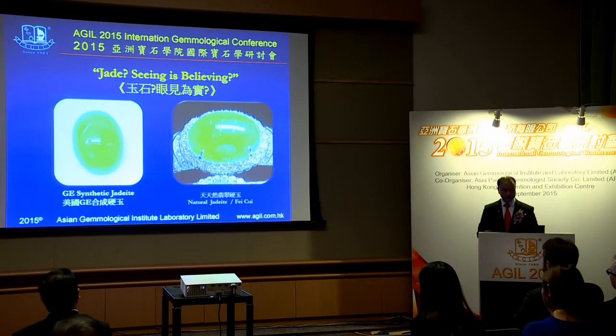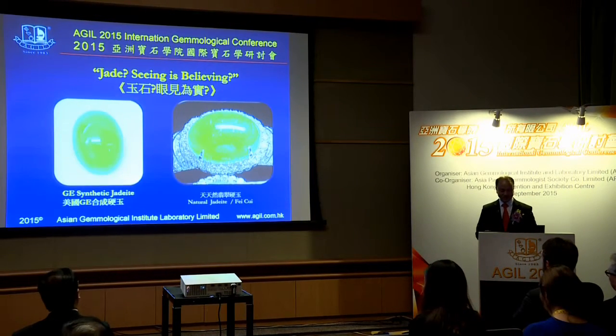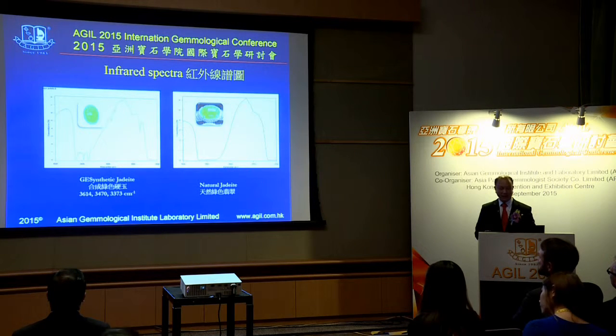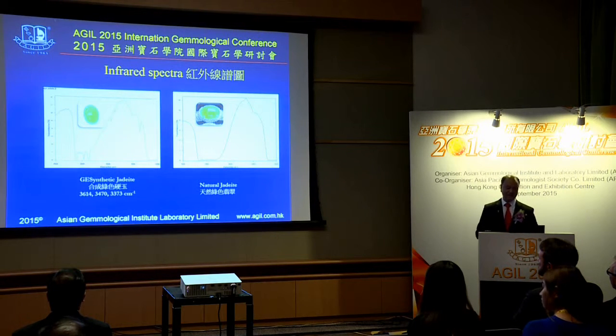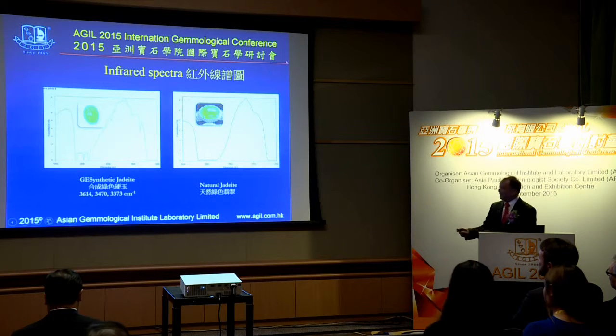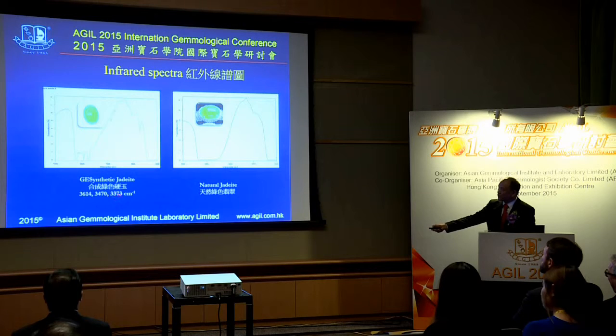Under the infrared spectrometer, the GE synthetic jadeite is on the left and the natural jadeite on the right. You see the first, second, and third troughs at 3,614, 3,470, and 3,373.